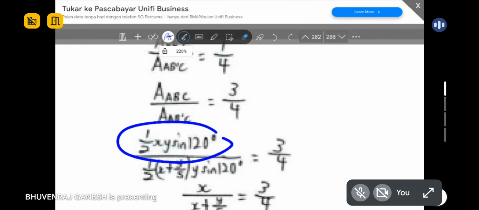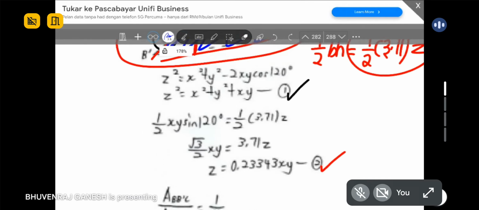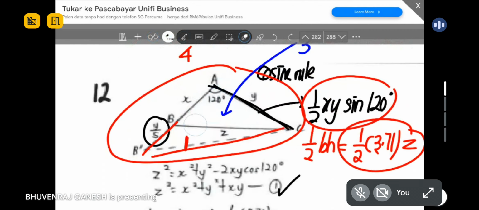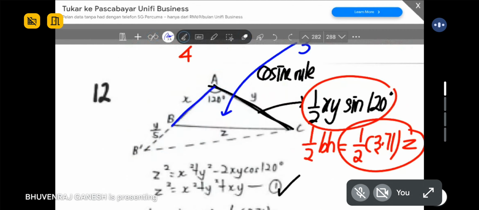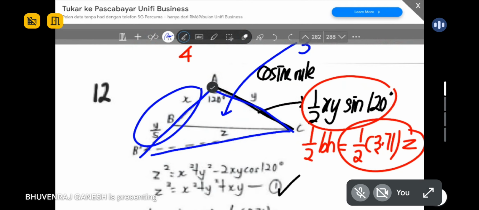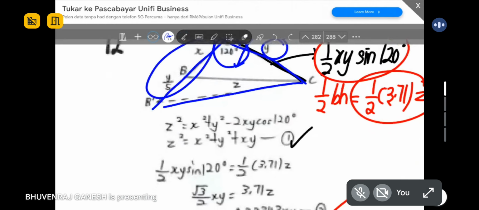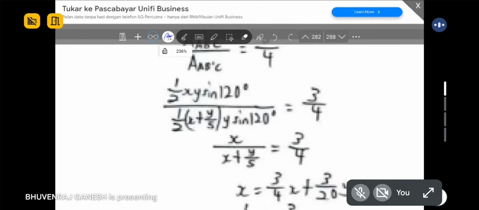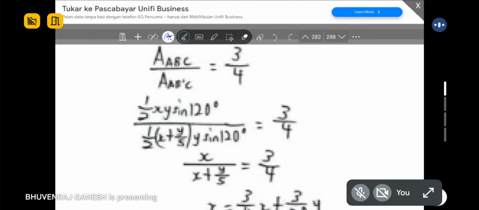Okay? And then the total, jumlah, you can also use the big triangle, the one that is 4. So you see over here, the blue color triangle. So this is X plus Y over 5. This is Y, 120. Half AB sin C, guys. Boleh guna sekali lagi. Can you see? So again, you press calculator for sin 120. Just tekan, you will get the answer.